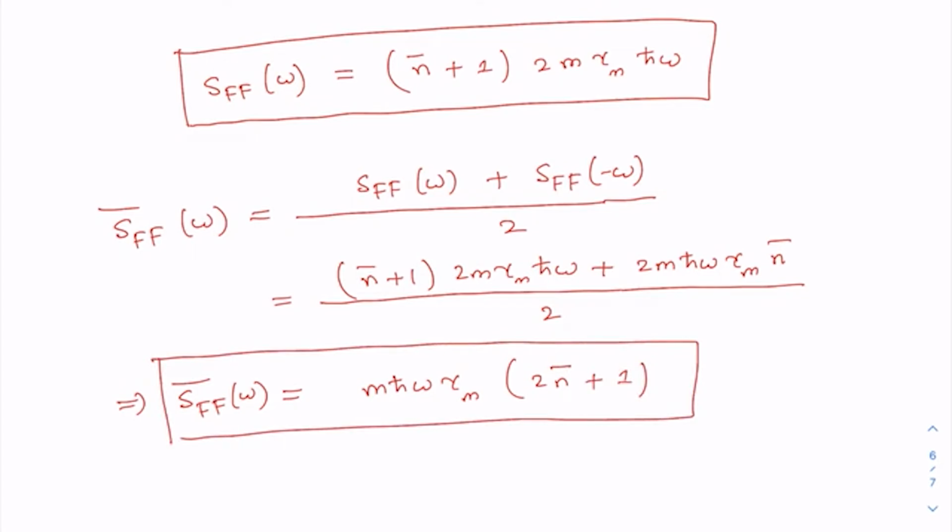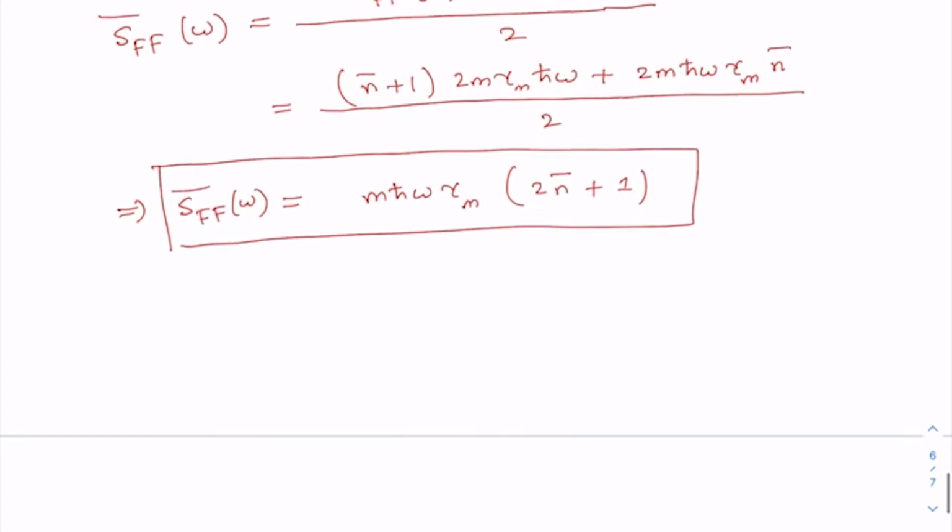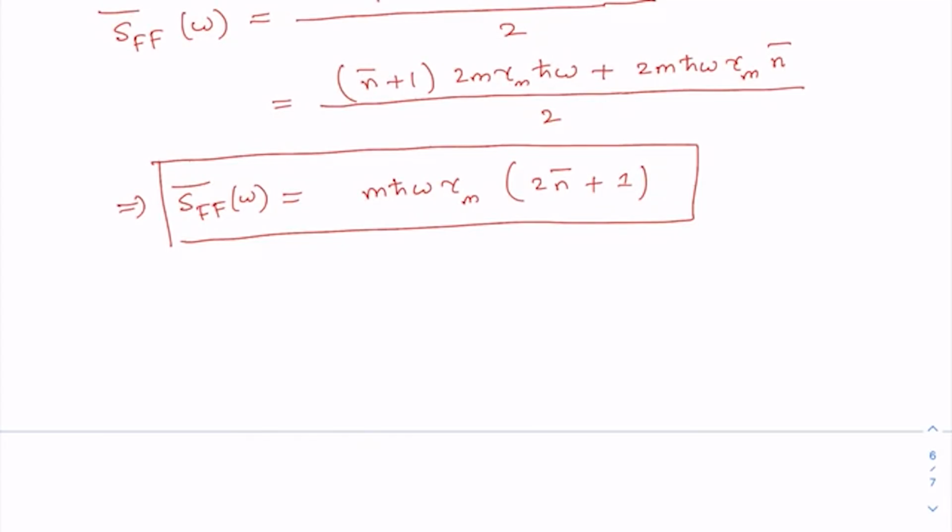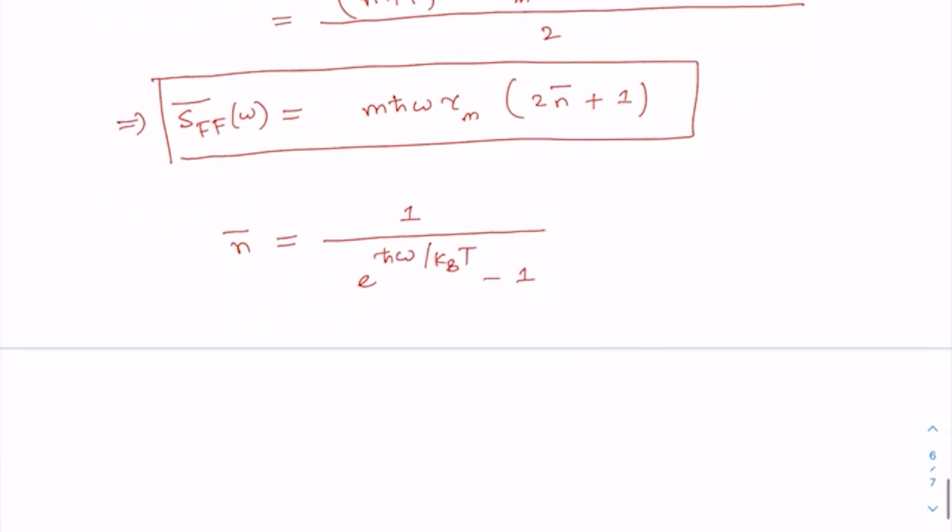Now the other part is what happens at very high temperature. To analyze that, we know that the average number of quanta n bar is equal to 1 by e to the power h cross omega by k_B T minus 1.